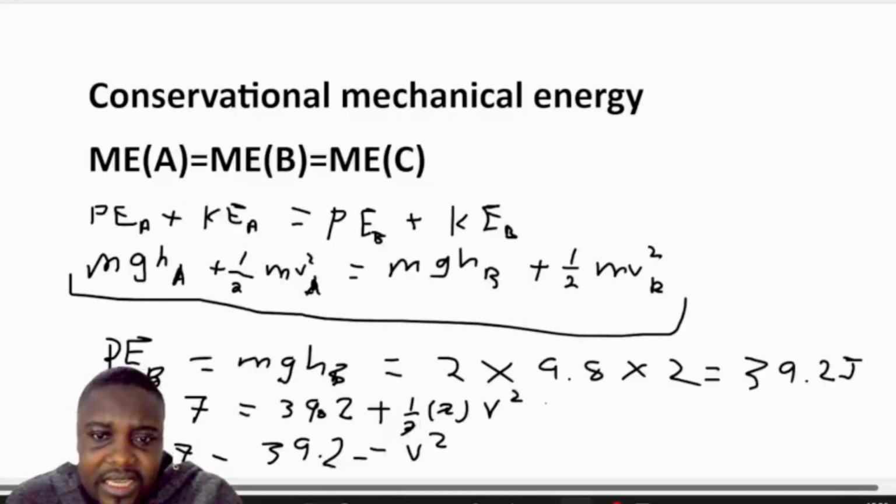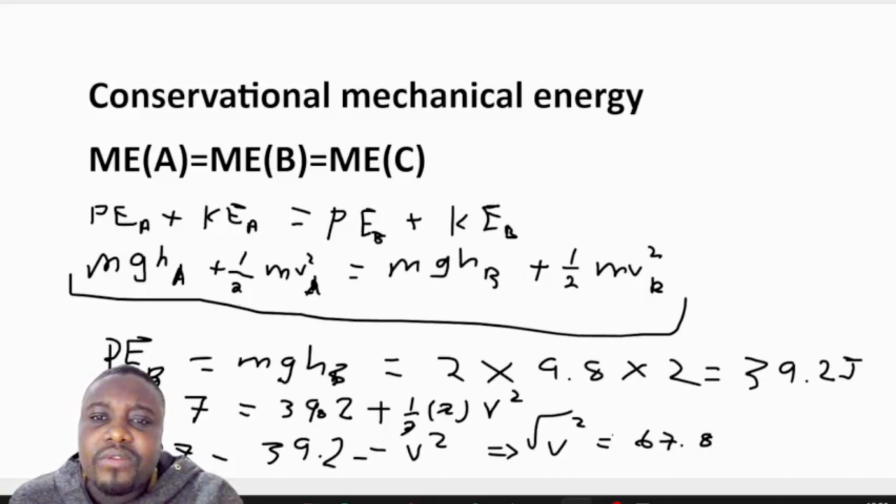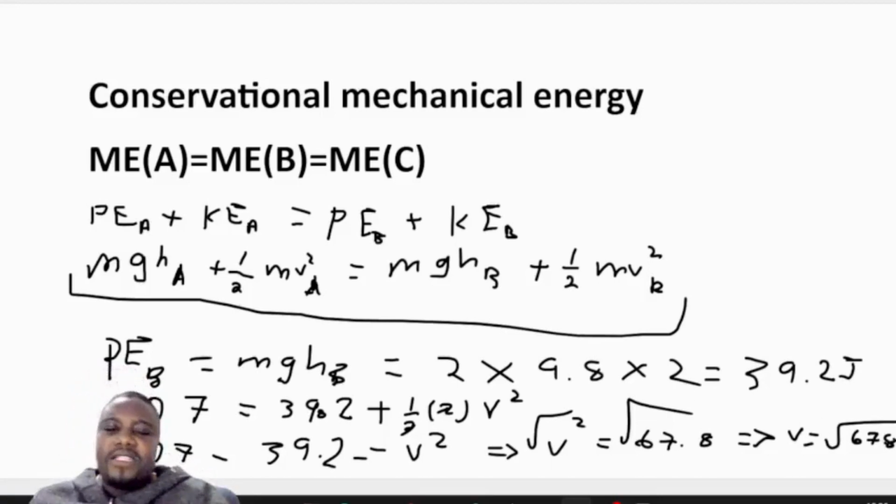So the answer implies that our v squared is equal to 67.8. Then you apply a square root, so v is equal to the square root of 67.8.